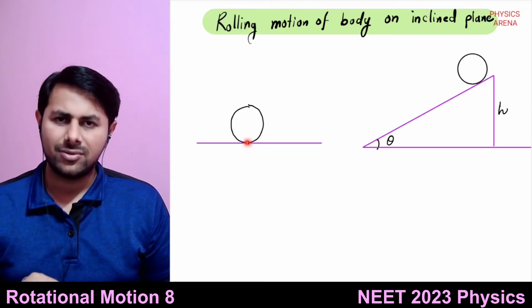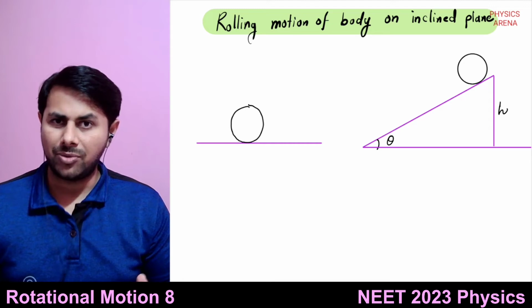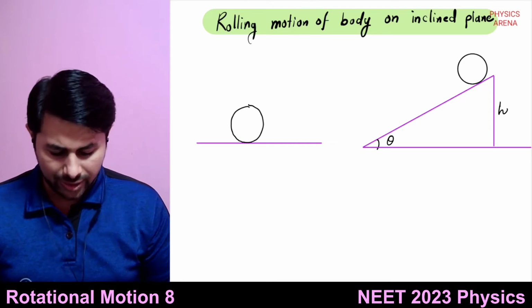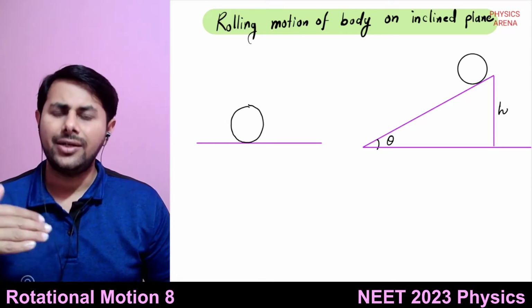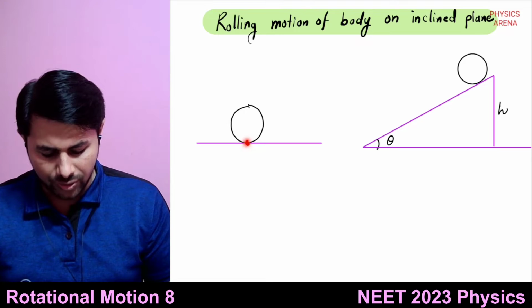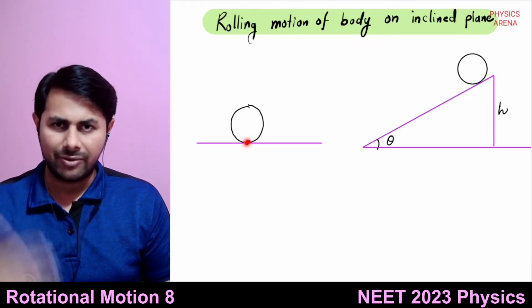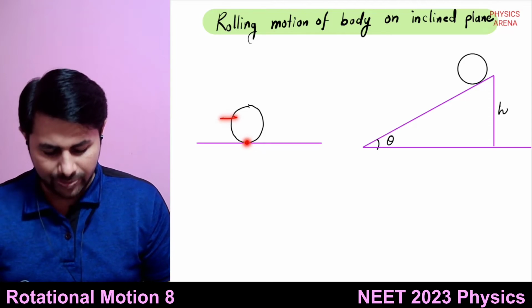Till the time the exerted force doesn't exceed the maximum value of frictional force, the body will not move at all. And when it exceeds, what happens?